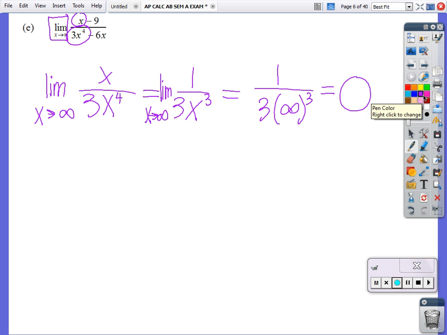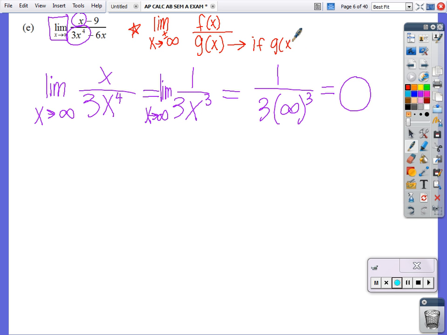The easier way to do this problem would be to remember the rule. And the rule is when you take the limit as x goes to infinity, positive or negative infinity, and you have a polynomial function on top and a polynomial function on bottom, if the power of g of x is greater than the power of f of x, then the limit as x goes to positive or negative infinity of f of x over g of x will be 0.